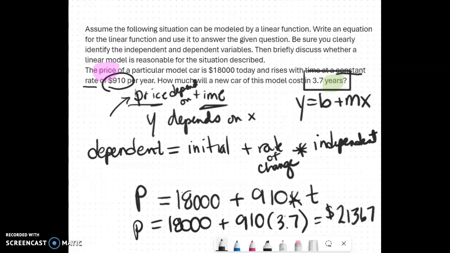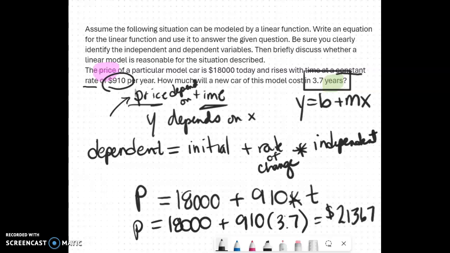Now, to discuss, is this reasonable? Reading all those statements that they give you, it's likely that a new car model will increase. So we can rule out decreasing or never changing because we see an increase all the time. That leaves us with two.